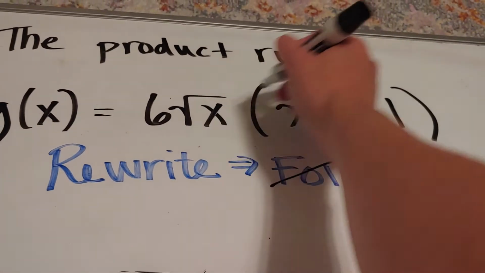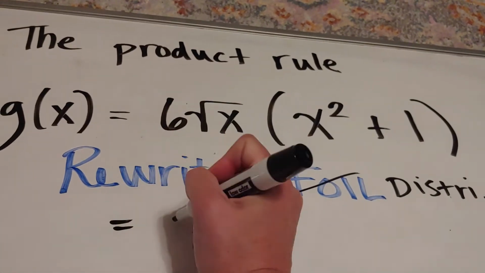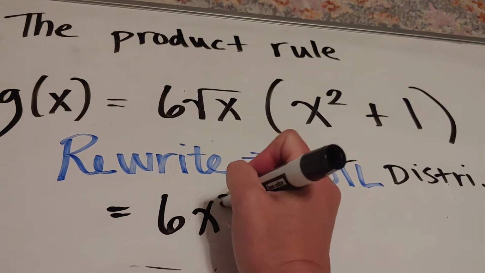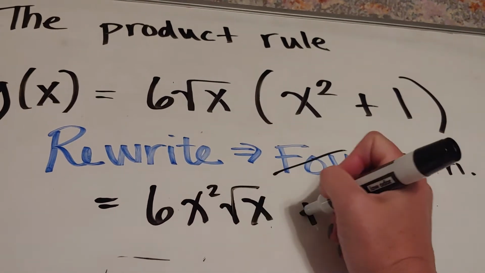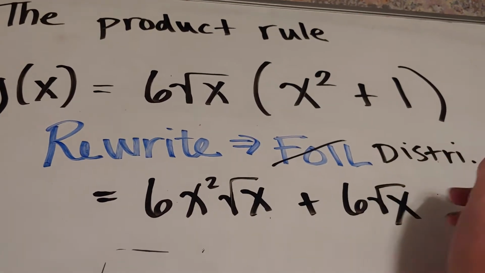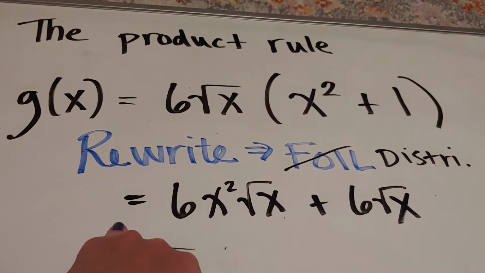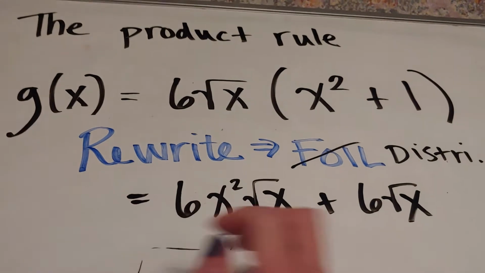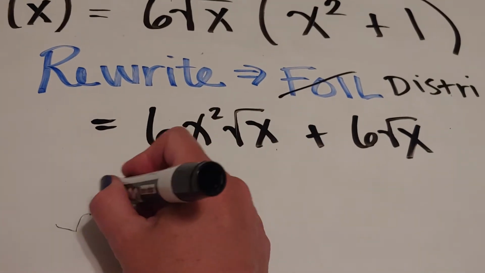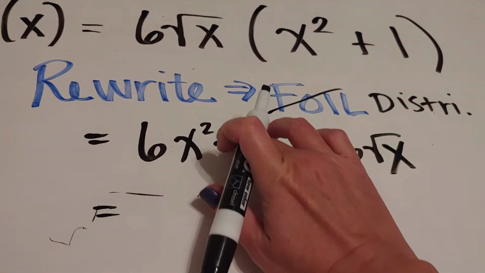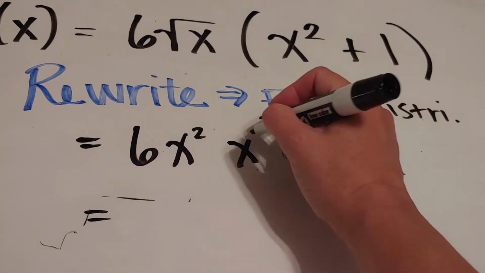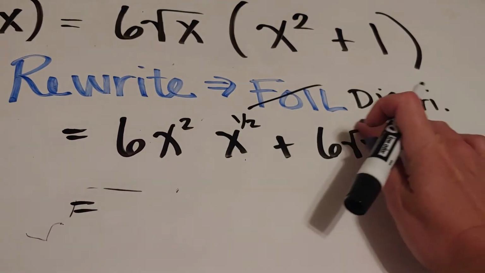Okay, so when I distribute this, I'm going to get 6x squared times the square root of x plus 6 square root of x. Now, I did not write g prime of x because I'm not taking a derivative yet. However, I do need to get it ready for taking a derivative, which is to say x times the square root of x is the same thing as x to the 1/2.